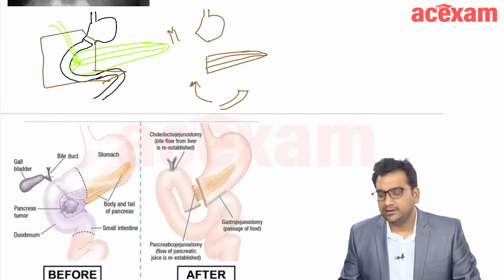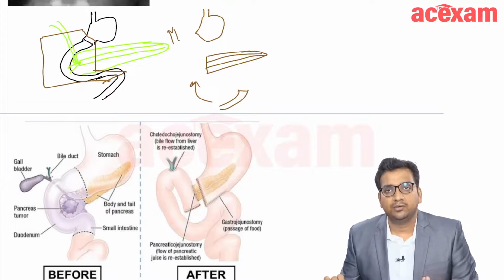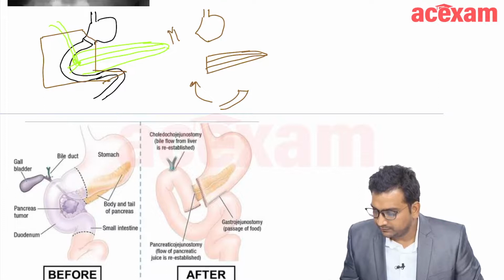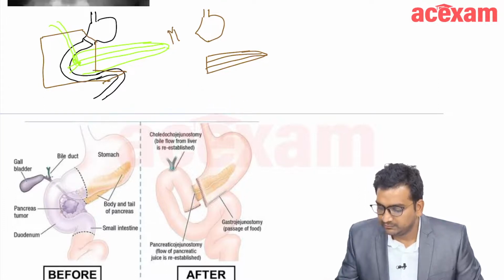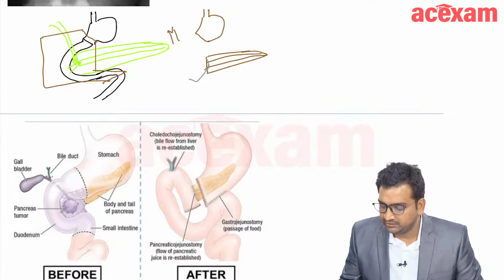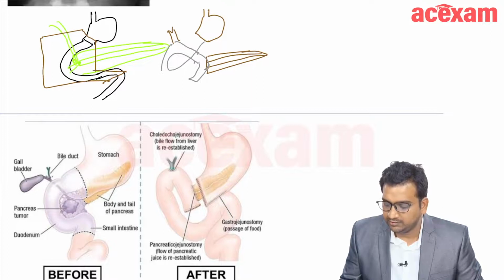Okay. Now what we want is to take this jejunum up and to anastomose the jejunum with pancreas, bile duct, as well as the stomach. Okay. So now what we are going to do here is we are taking this jejunum up. I'll show it with another color. We are first anastomosing this jejunum to the pancreatic duct. Then we are anastomosing this jejunum to the bile duct. And then after that, we are anastomosing it to the stomach.